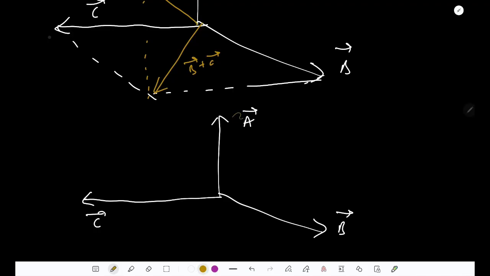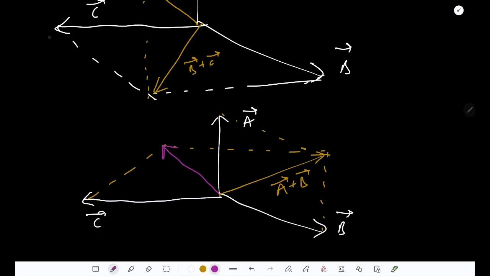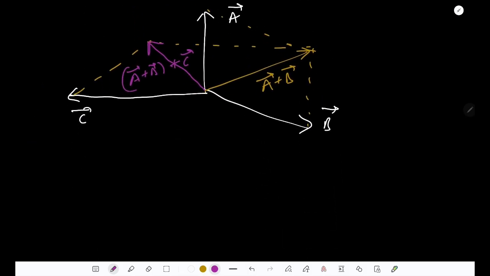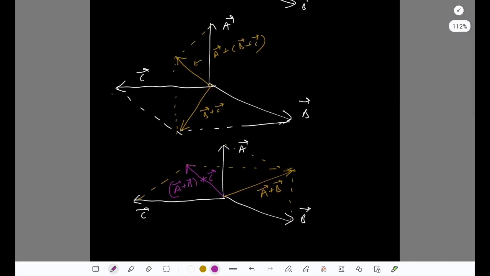So to find A plus B, I will complete this parallelogram, and this is going to be A plus B. And now we are going to add A plus B and vector C. So let me draw another parallelogram like this, and this is now A plus B plus vector C. And if you compare both these pictures, you will perhaps get convinced that vector addition obeys the associative law.